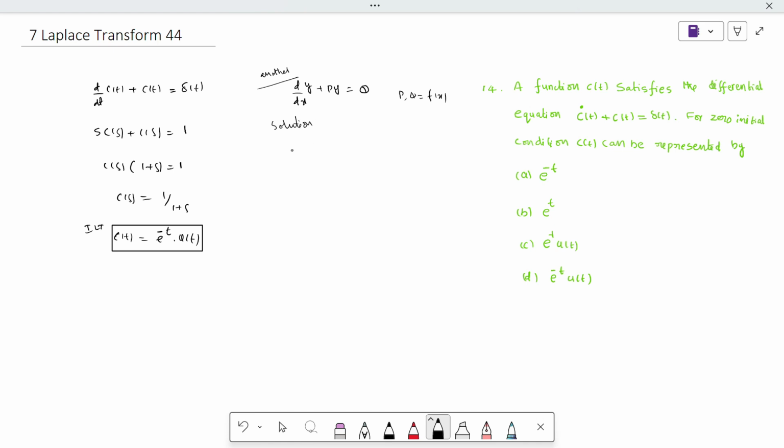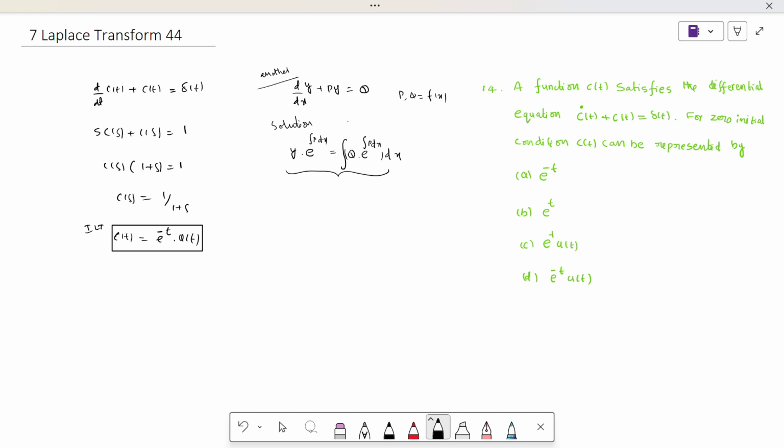Its solution is y into the integrating factor, where the integrating factor equals e power integral of p dx, equals the integral of q into the integrating factor, e power integral of p dx, then dx.